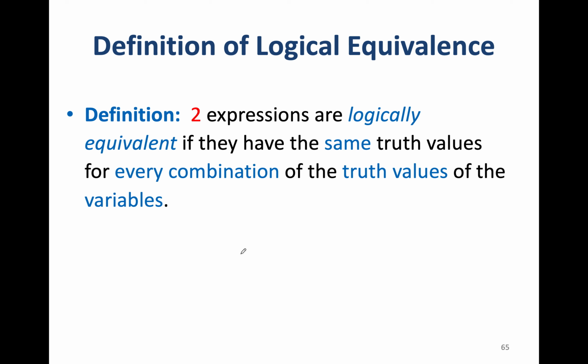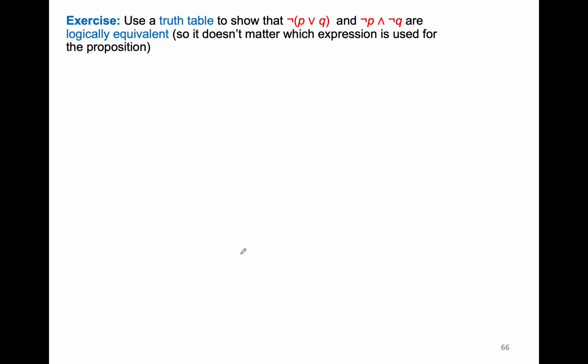Logical equivalence is when I have two expressions that have the same truth value for every combination of the truth values of the variables. In order to understand more, let's build a truth table for those two logical expressions so we can say whether they are logically equivalent or not.